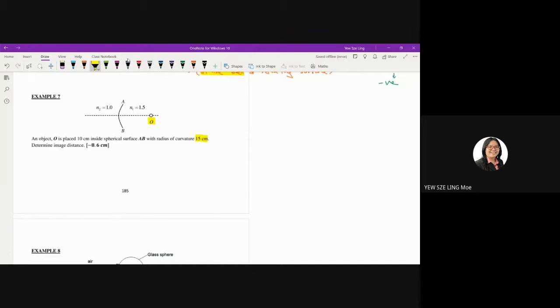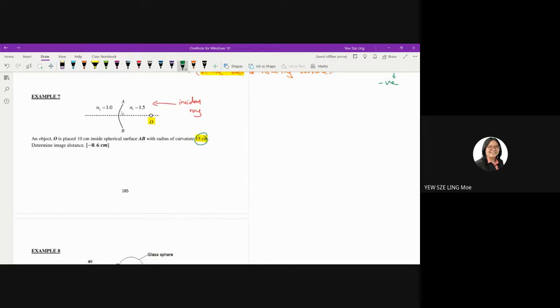Now, first of all, you have to know where your incident light ray is coming from. If your object is on the right-hand side, then we assume our incident light ray is coming from the right-hand side. So this is my incident ray. The next step, if you want to apply the equation for refraction at a spherical surface, you need to know whether R is a positive or negative value.